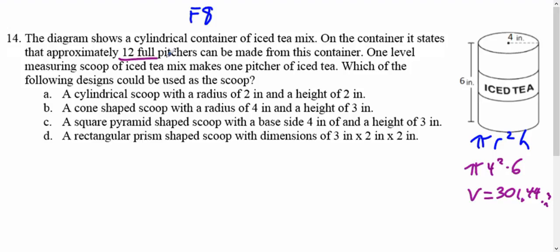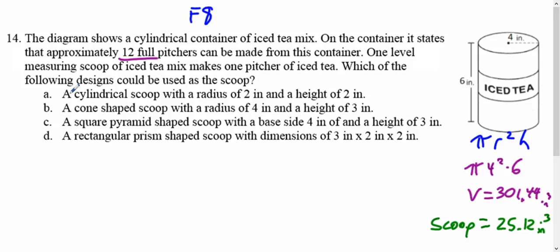And that's supposed to create 12 full pitchers. So divided by 12 means that we want a scoop to equal about 25.12 cubic inches. So now we just check each of these volumes for these scoops and see if we get 25.12.